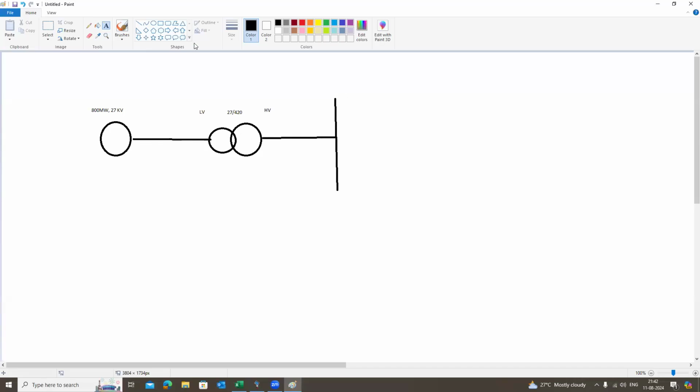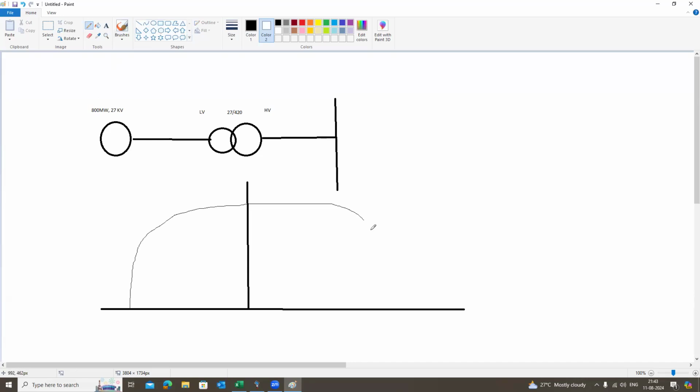But here the purpose is, your generator has a capability. If you see the capability curve of the generator, it will be something like this. So here, the purpose of giving the OLTC or OCTC is to extract the complete reactive power that is available in the generator and send it to the grid, or to absorb reactive power as per the capability limit of the generator.